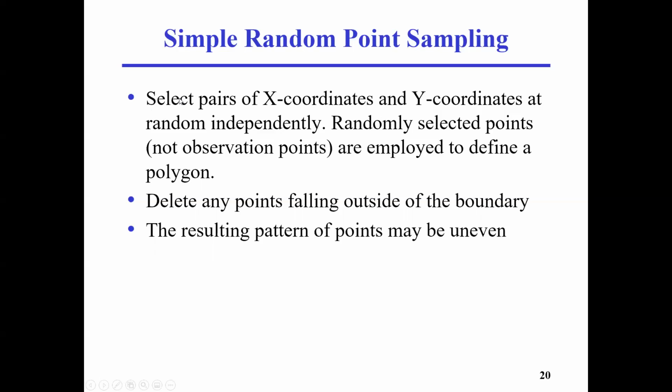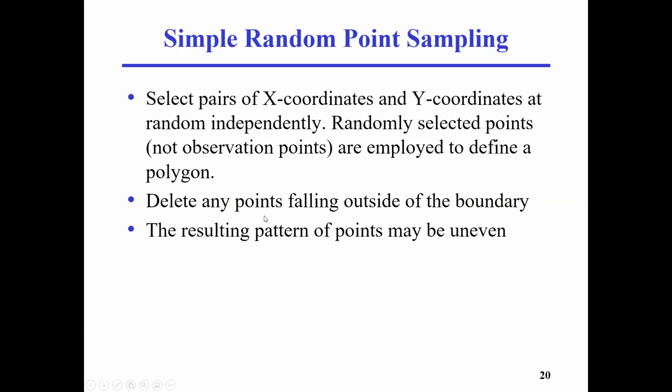So we can simply select pairs of x coordinates and y coordinates at random independently. And these randomly selected points, they are not observation points, okay? They are used to define a polygon, okay?